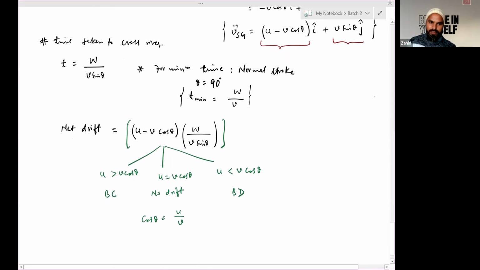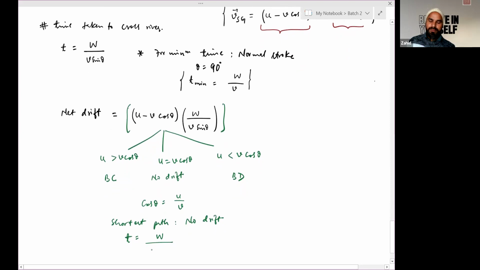So time taken in this particular path, which is termed the shortest path, t is equal to distance by speed. Speed in that part is v times sin theta. If you break sin theta in terms of this, you will get w divided by root of v squared minus u squared.